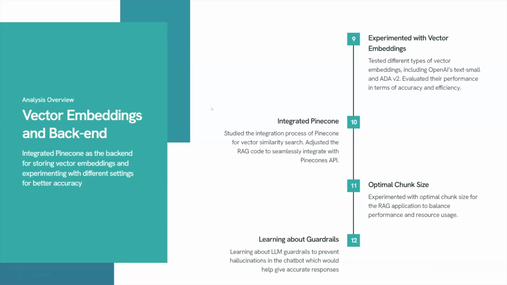So I experimented with various chunk sizes, and I decided to go with the current number, which is a chunk size of 1,000. Currently, I'm trying to learn about guardrails, because sometimes our LLM can become distracted from the context that was given to it, and it deviates from that path. So I'm learning more about that, which will help us improve the accuracy of the chatbot.